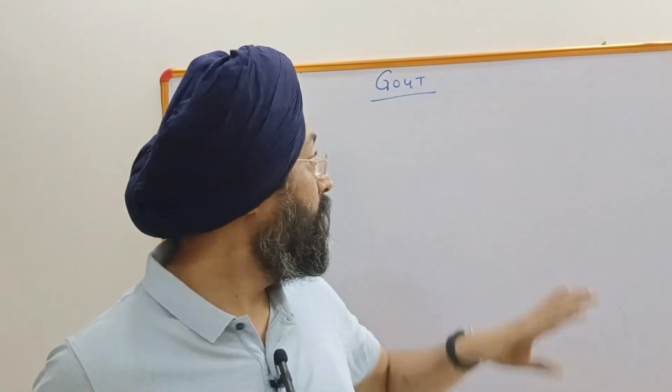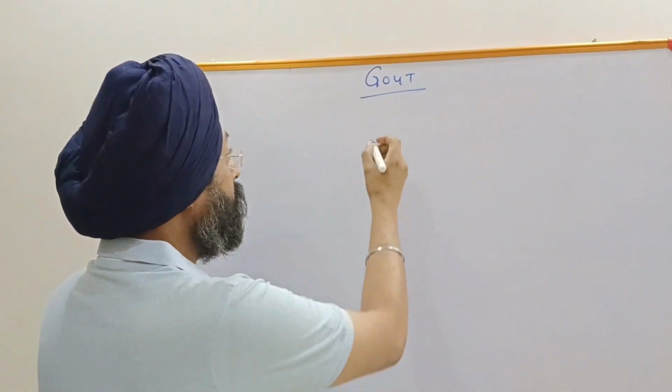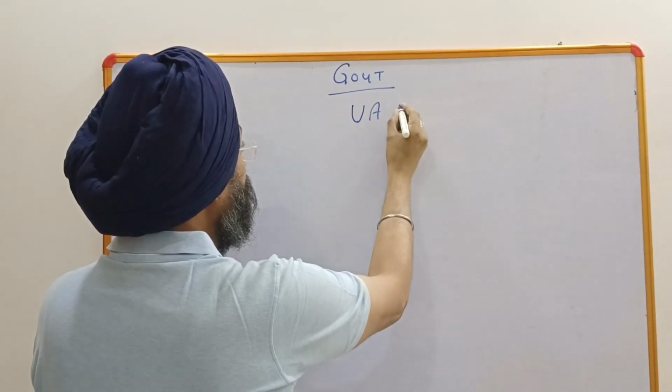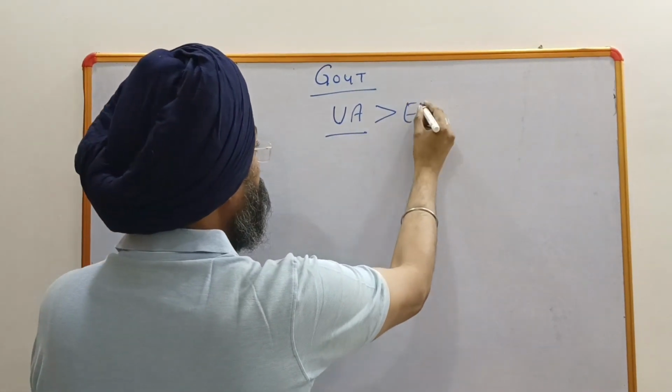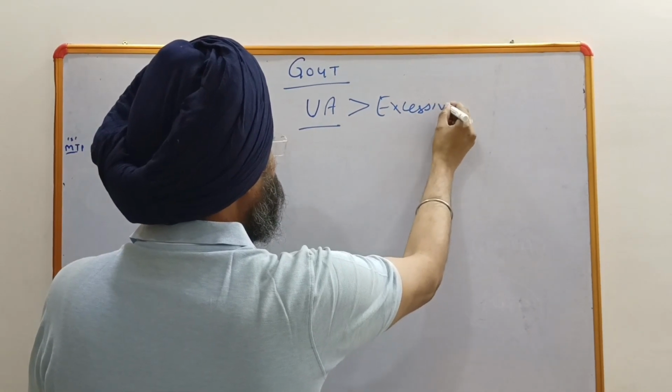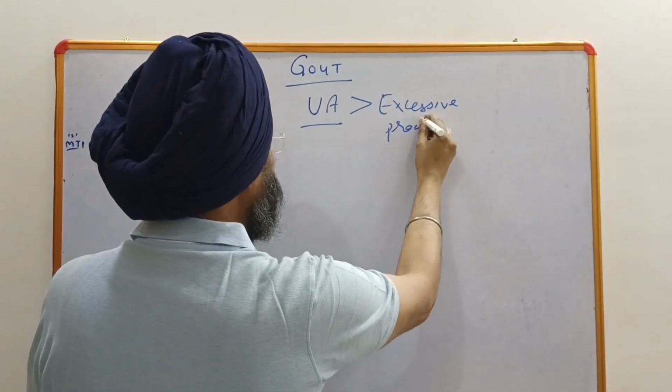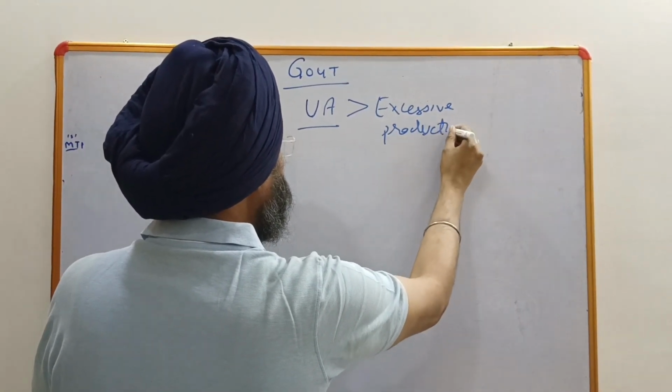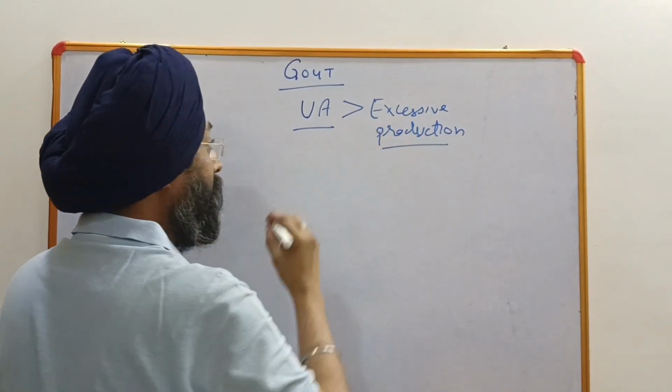Now, today we'll start with gout. Gout is due to excessive production of uric acid, right?